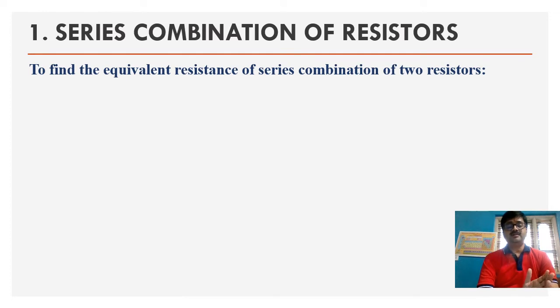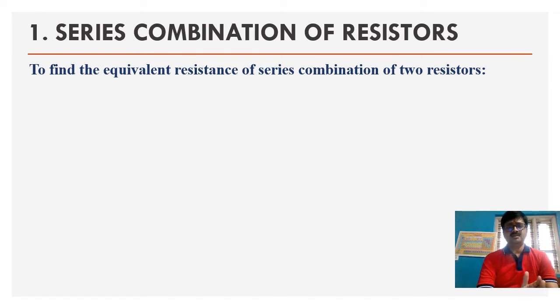Now let us move on to finding the equivalent resistance of series combination of two resistors. Let us take a look at an equation. We'll derive an equation for it, and this particular derivation will be asked in your examination for 3 marks.